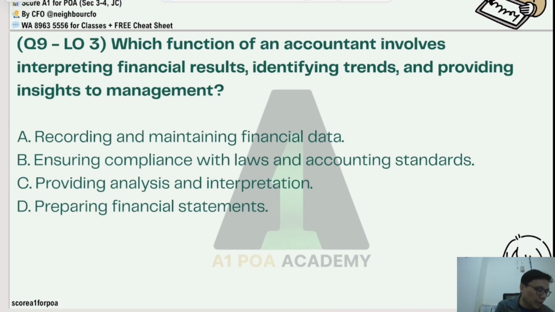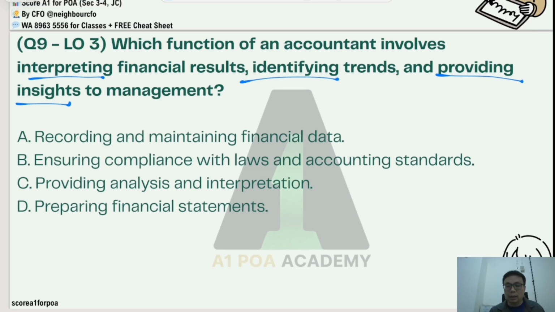Question 9. Under LO3, it is asking which functions of an accountant involve interpreting financial result, identifying trend, and providing insight to management. So we have 4 options. Option number 1, recording and maintaining financial data.